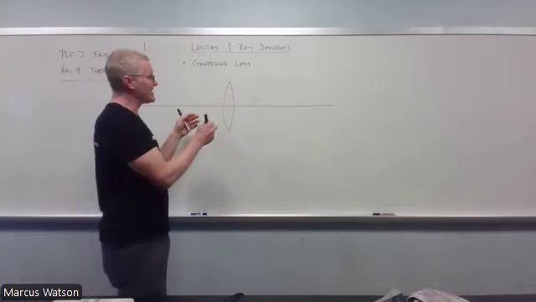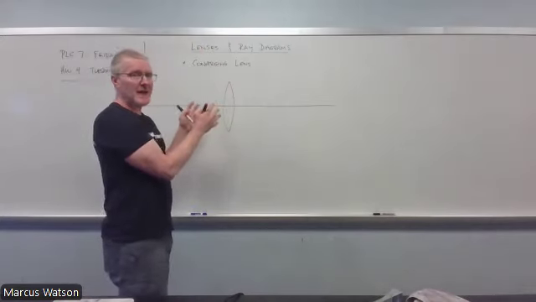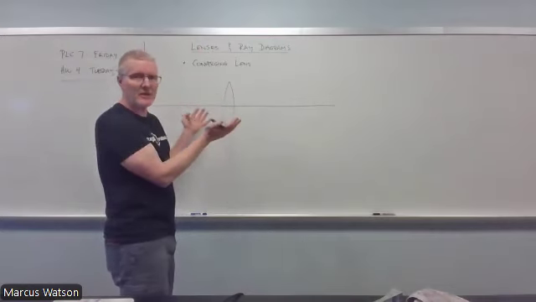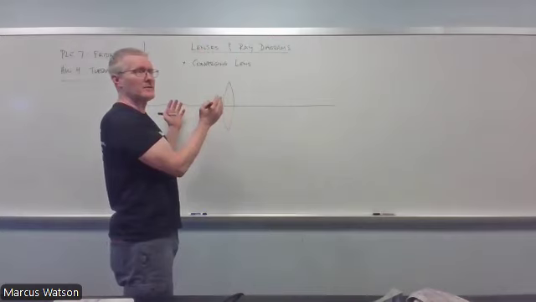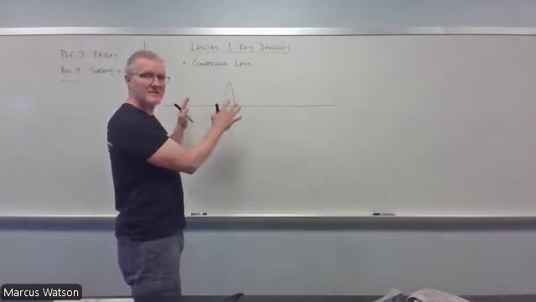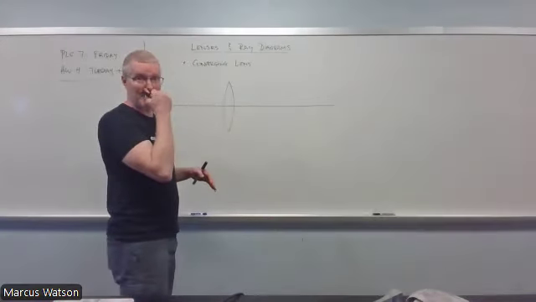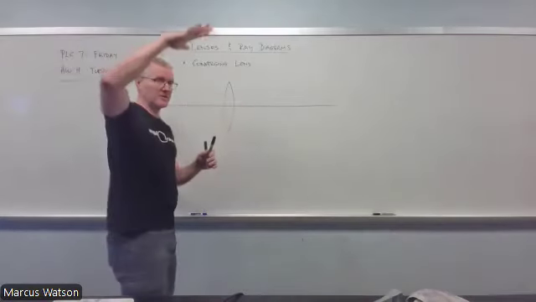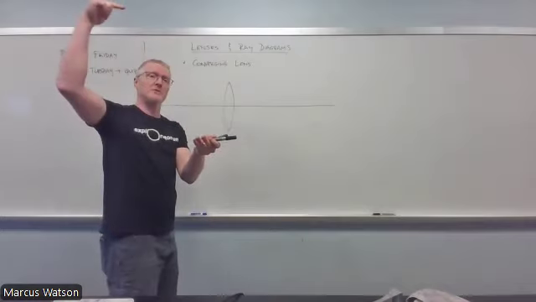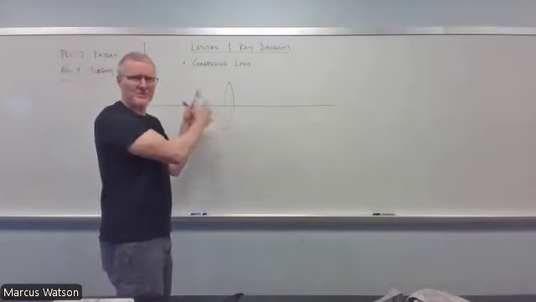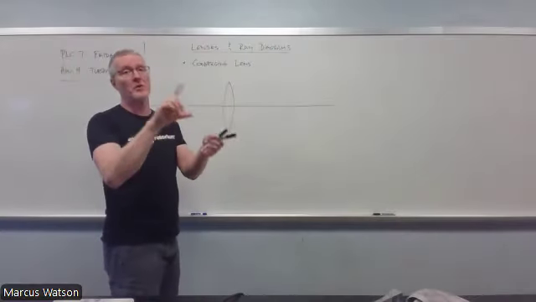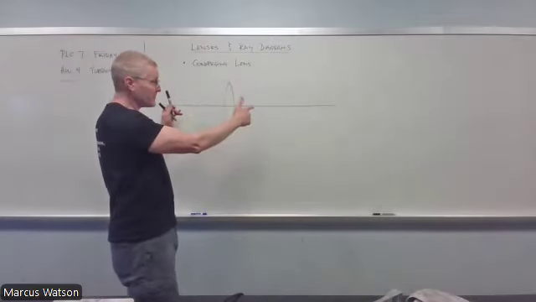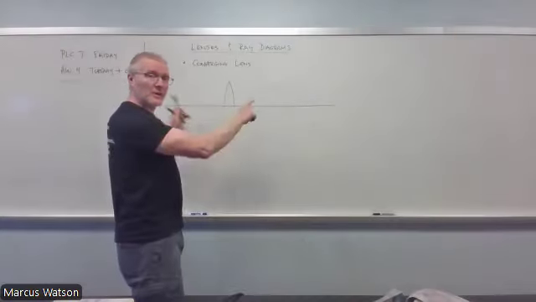Now, since we're dealing with radii that are equal, and even if they're not equal, we're dealing with something in which the index of the surrounding medium is all the same. This would be different if I had this thing floating on water, so that light was going from air into the plastic or glass, whatever the lens is, and then into water, then the focal lengths would be different sizes on either side. But since we are in air, the focal points are equal on either side.